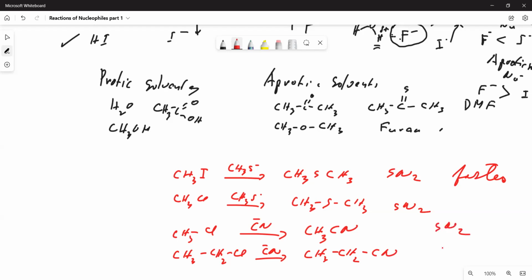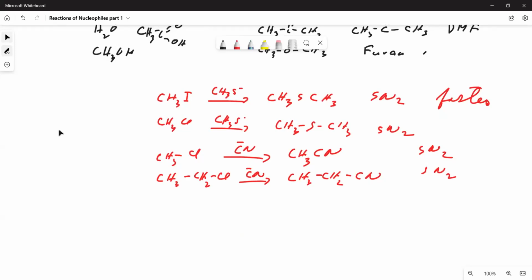Again, these are SN2 because methyl and primary undergo SN2 reaction. But which one is faster? They have the same nucleophile, but methyl is simpler, less crowded, less steric effect. In SN2 reactions, crowding or steric effect will slow down the rate. So methyl chloride is less crowded than ethyl, which is a primary alkyl halide. Then we can say that this SN2 reaction is faster.